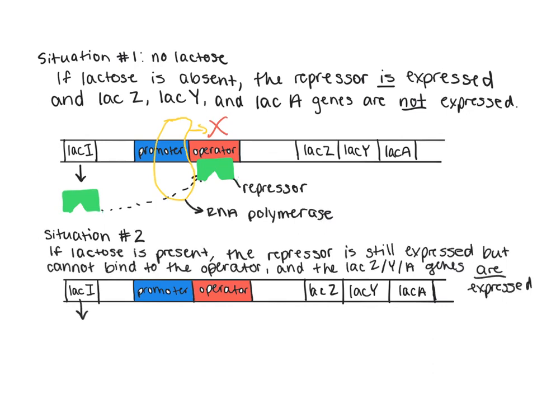We know for sure that this repressor is still going to be expressed. So we still get a repressor. However, if there's lactose in the cell, we're going to draw lactose as these little diamond shapes. These are little lactose molecules. And they happen to fit perfectly into this binding site of the repressor.